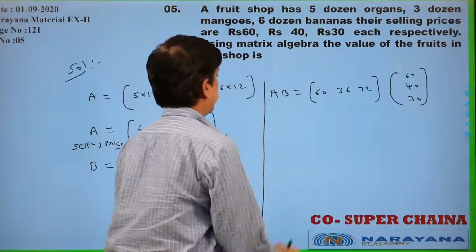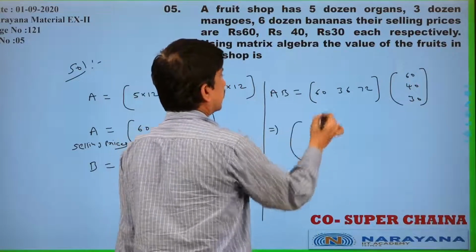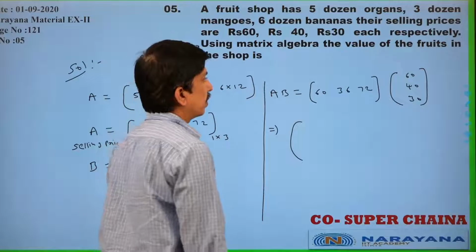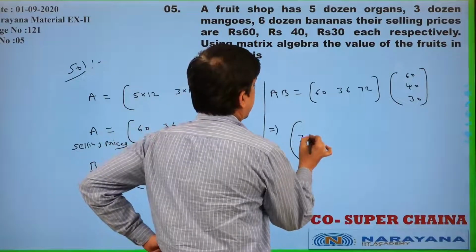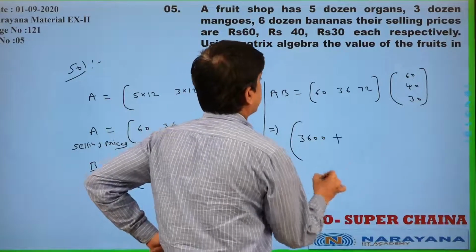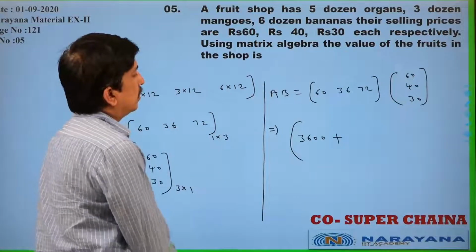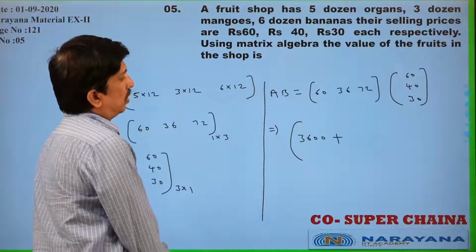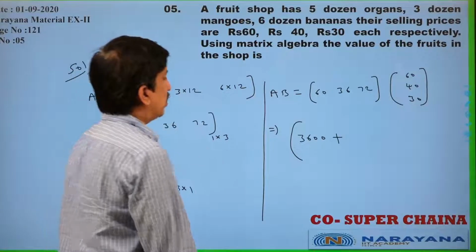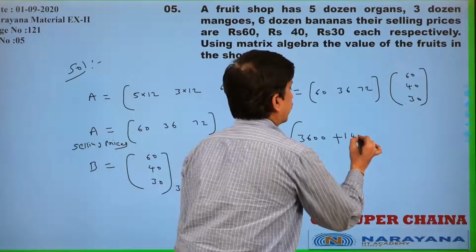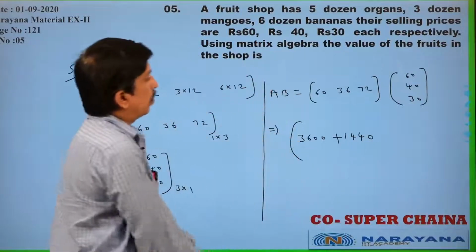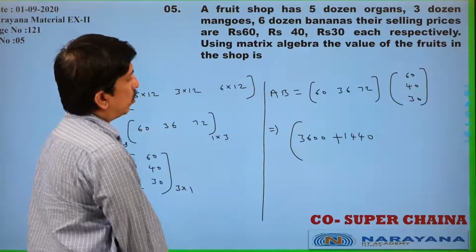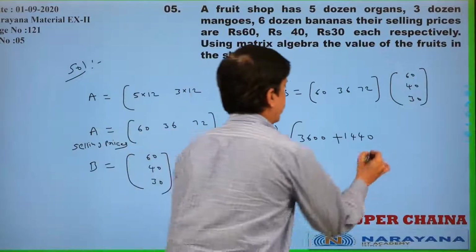Now 60 into 60, what you will get? That is 3600. 36 into 40, 1440 you will get. Is it clear or not? Now 72 into 30 means what? 2160 you will get.